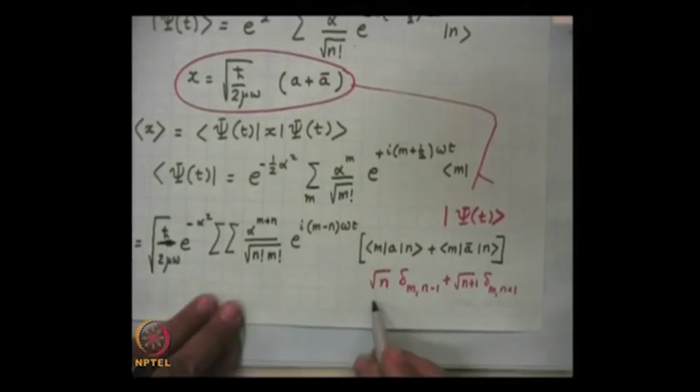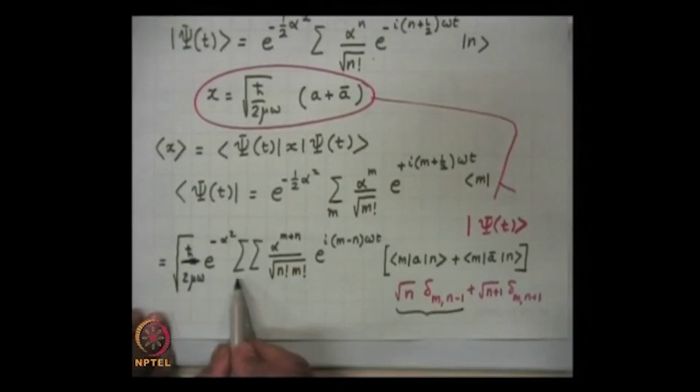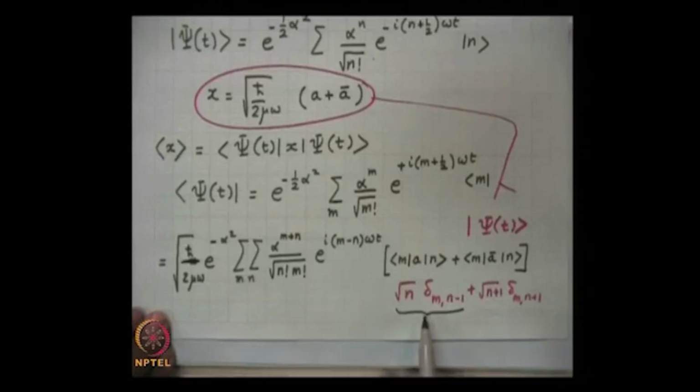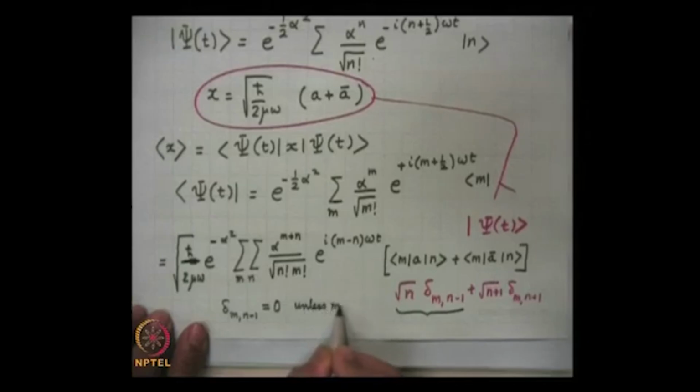Now, please see, if I just consider the first term in this sum over m and n, I sum over m and only m equal to n minus 1 will survive, because delta m comma n minus 1 is 0 unless m is equal to n minus 1, in which case it is equal to 1.